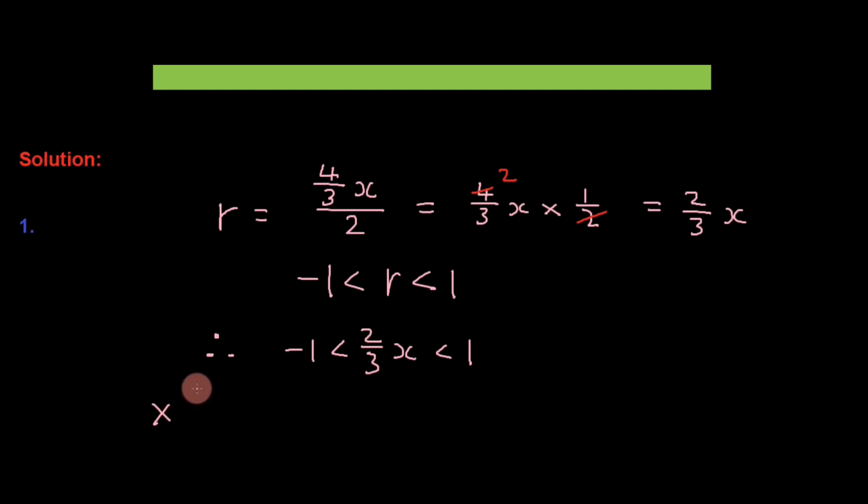So multiply through by 3/2, then negative 1 times 3/2. Here the 2/3 will cancel with the 3/2, and we're left with x, and then 1 times 3/2 is 3/2. So this is our answer then.